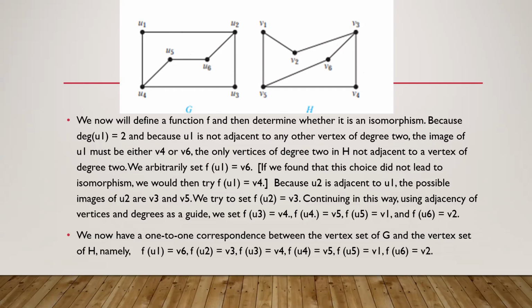We now have a one-to-one correspondence between the vertex set of G and the vertex set of H, namely f(u1) = v6, f(u2) = v3, f(u3) = v4, f(u4) = v5, f(u5) = v1, f(u6) = v2.